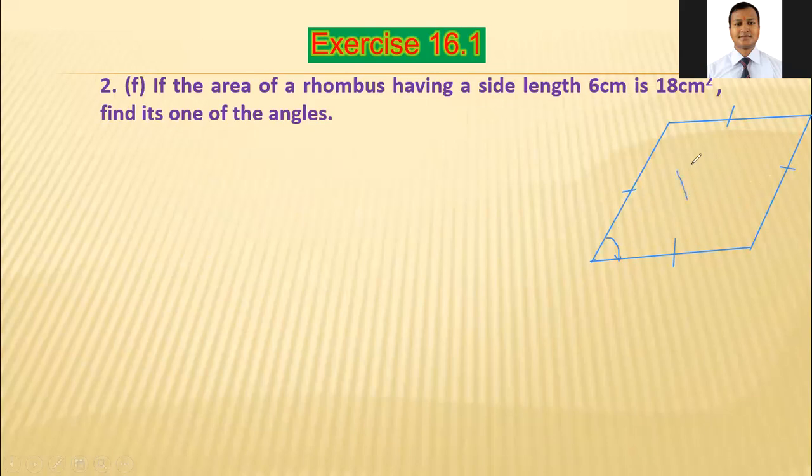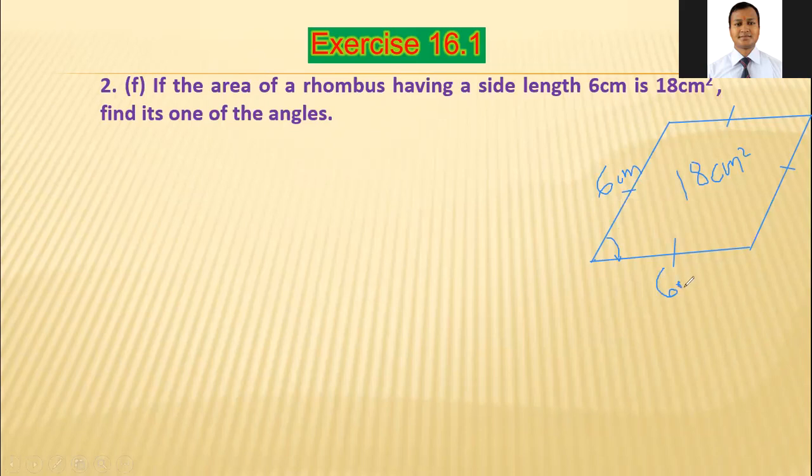Its area is given to us, that is 18 square centimeter. And one of the sides is given, that means all sides are the same. If one is 6 centimeters, the others will also be 6 centimeters. So all sides of this rhombus are 6 centimeter.